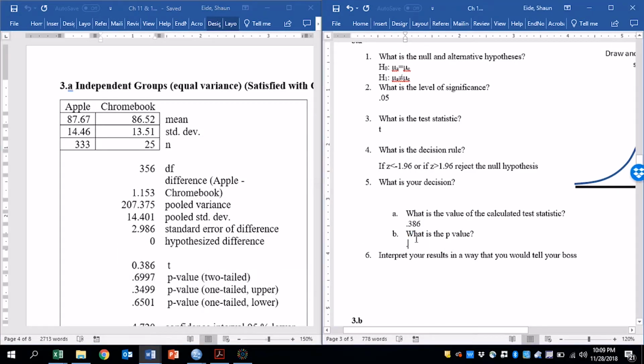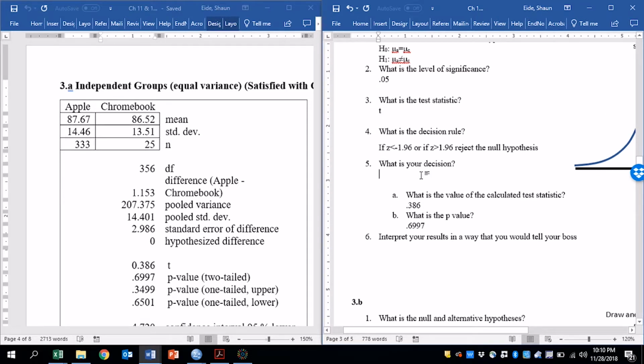In other words, it's very likely that the value that we got, the Apple mean compared to the Chrome mean, happened just by chance, and there's very little difference between them. So the p-value of this is 0.6997.